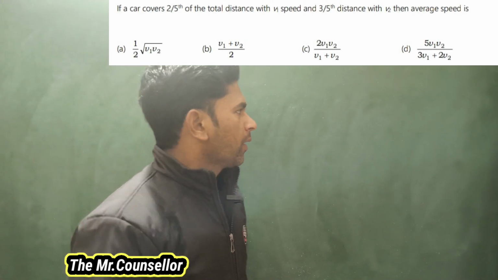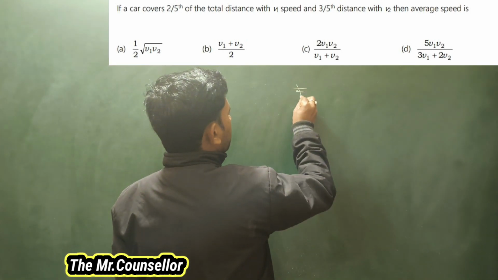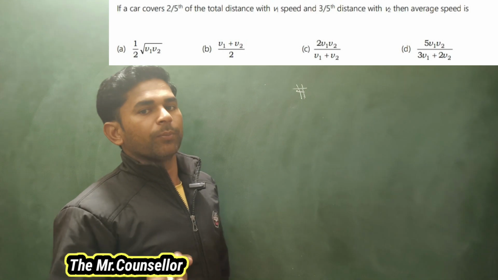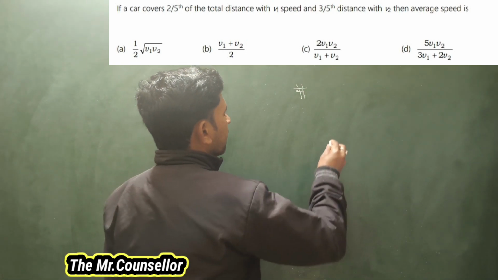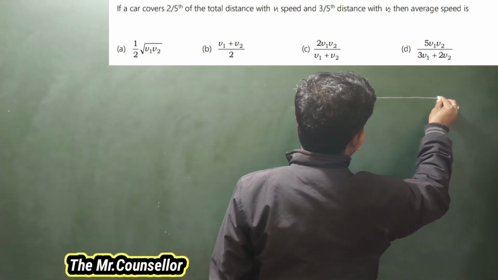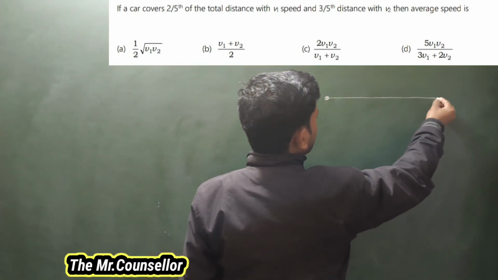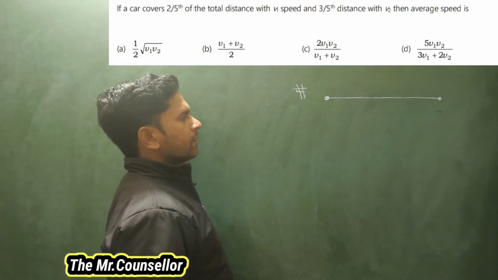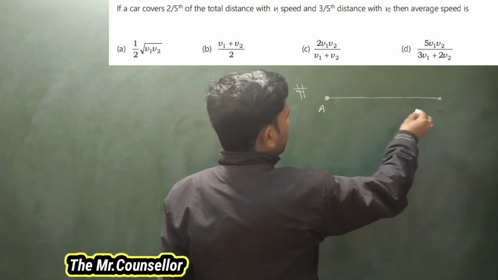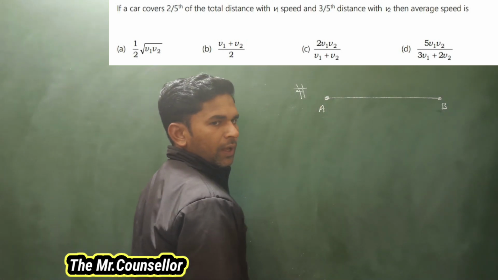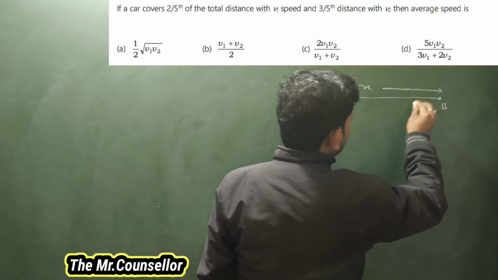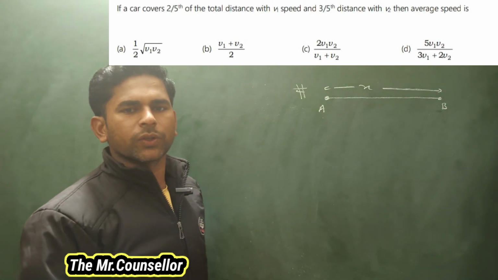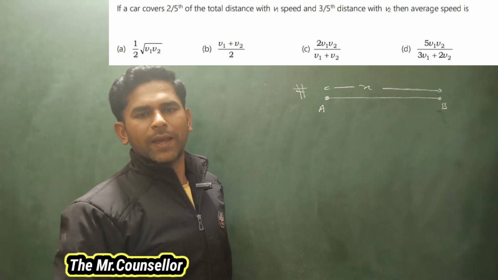According to this question, this is a very important point. What is given? Let us consider one path, like this, A to B, and this car is going to cover a total distance x.